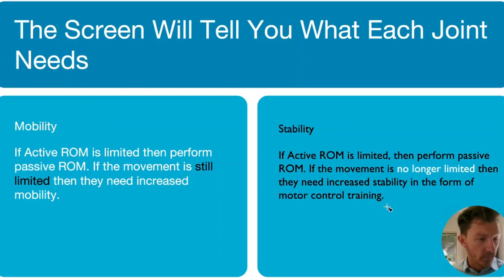It's also what a lot of coaches and athletic trainers do. So if we find that the active range of motion is limited, but the passive range of motion is not limited, then we can increase that stability through that different type of training.